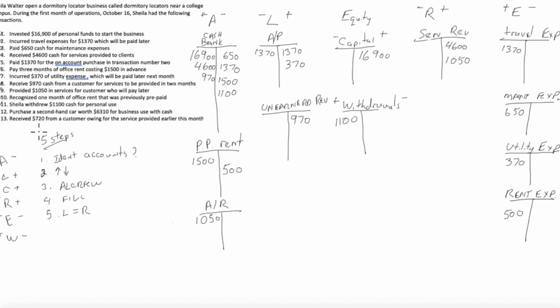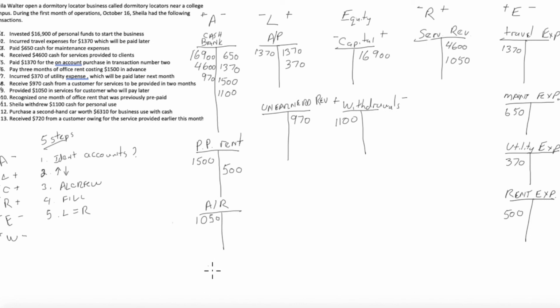All right. Purchase a secondhand car worth $6,310 for business use with cash. All right. So we know cash is one because we had to go to the bank to get the money. And then we bought a car. So what does a car fall under all of these, right? So we talked about it before.